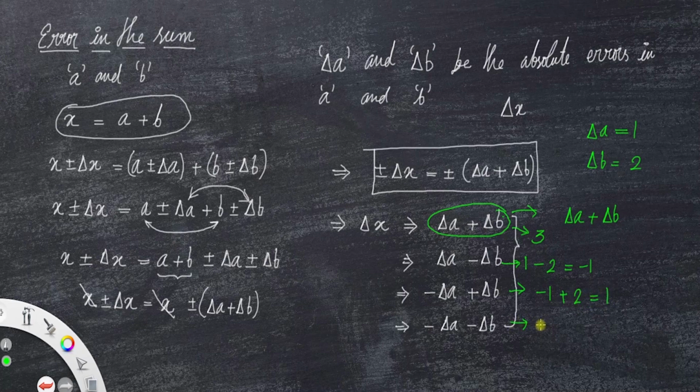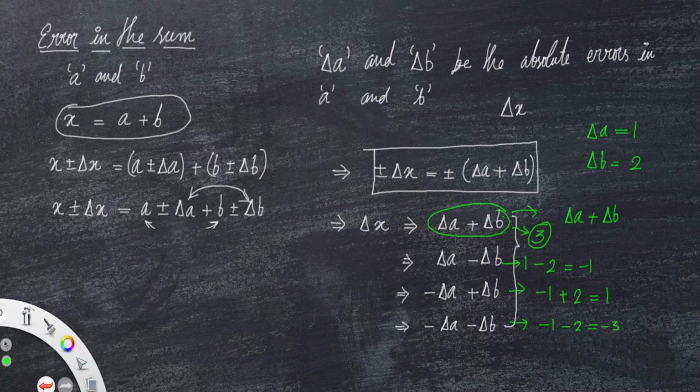Here it will be minus 1 minus 2, which is equal to minus 3. So of all these four values, 3 is the biggest one, or the largest error. So you can conclude that the maximum possible error is delta x equal to delta a plus delta b. So this is the expression for the maximum possible error in the sum of two numbers.